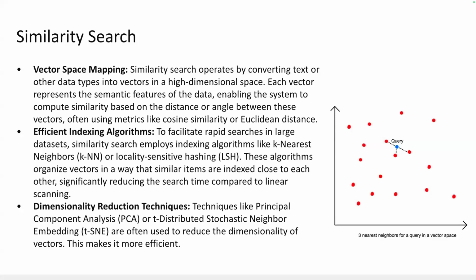Additionally, the complexity of this high dimensional data needs dimensionality reductions to have a practical computation time. In a lot of cases, we use something called principal component analysis (PCA) or t-SNE, which are instrumental in distilling these vectors down to their most informative components, and it really streamlines the search process instead of having these huge high dimensional vectors to search through.